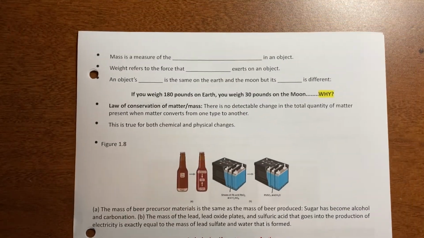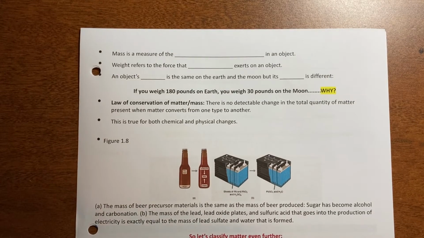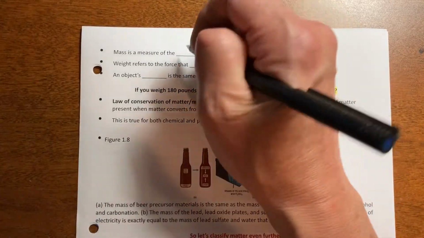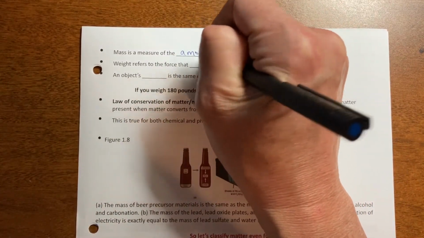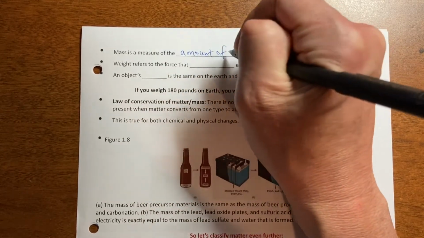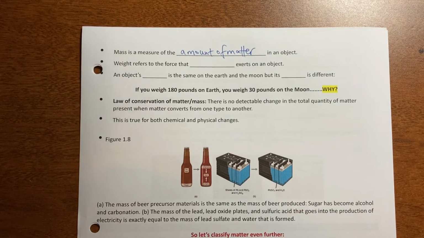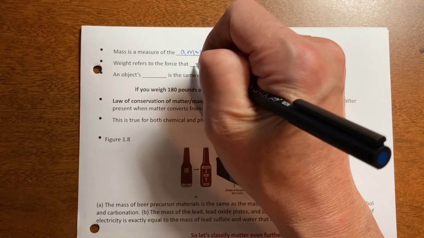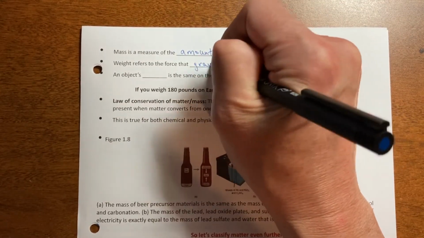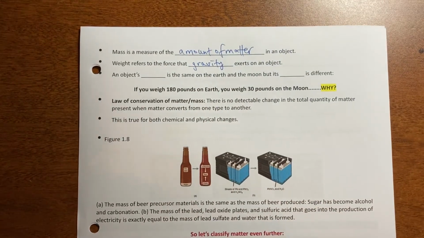So let's talk a little bit more about mass and weight. Mass is a measure of the amount of matter in an object. Weight refers to the force that gravity exerts on an object.